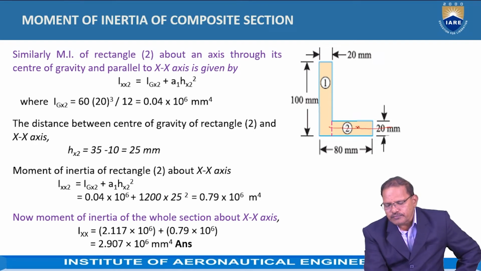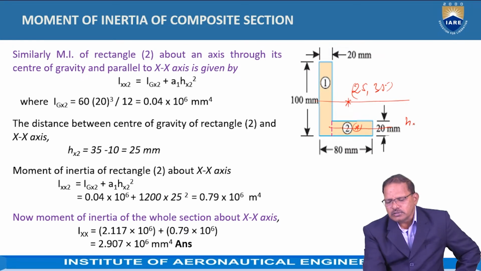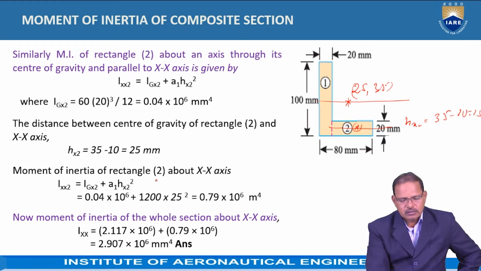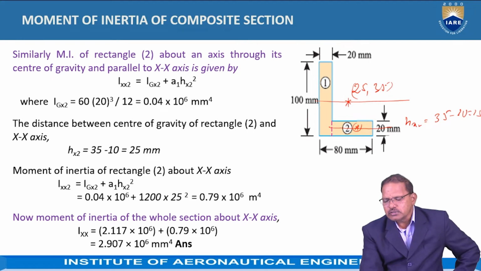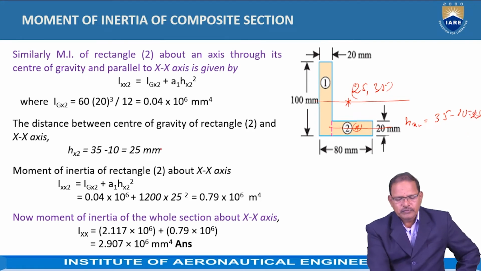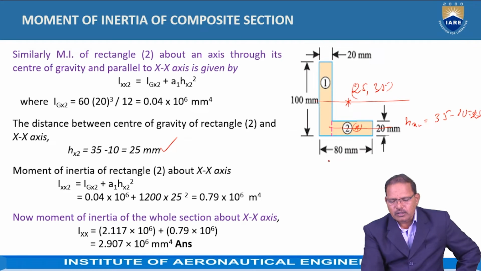Here the dimensions we are taking are 25 and 35, and here it is 10. The difference, we are taking Hx2 is equal to 35 minus 10. Sorry, 35 minus 10 is equal to 25 mm. So Hx2 is equal to 25 mm.